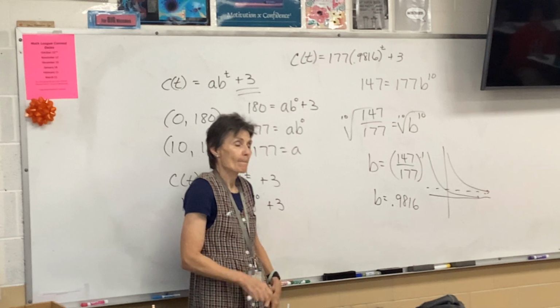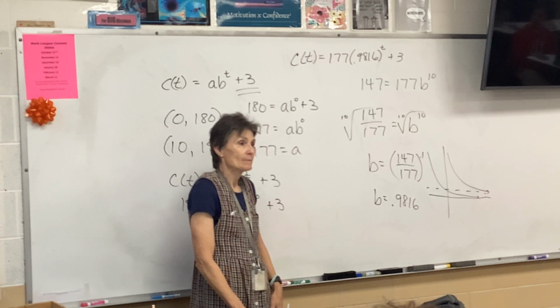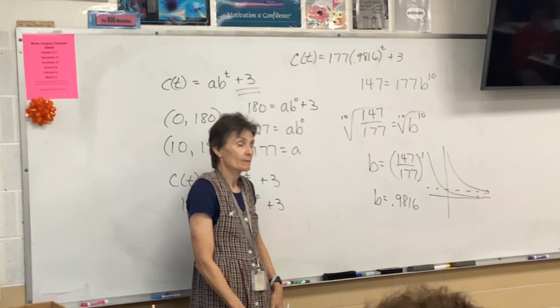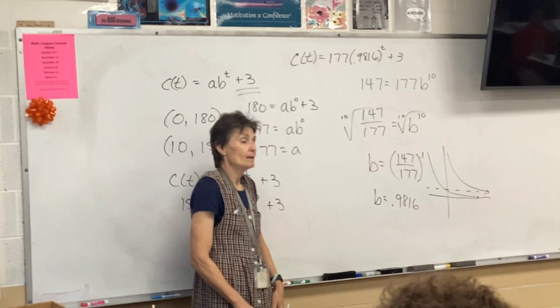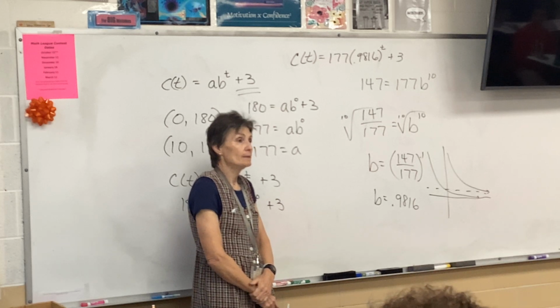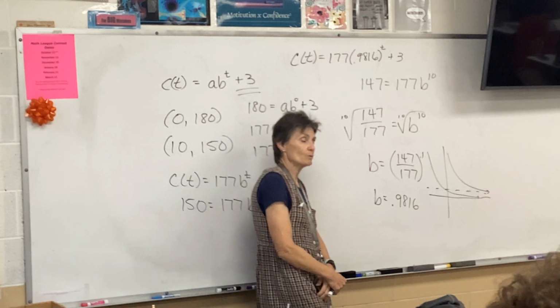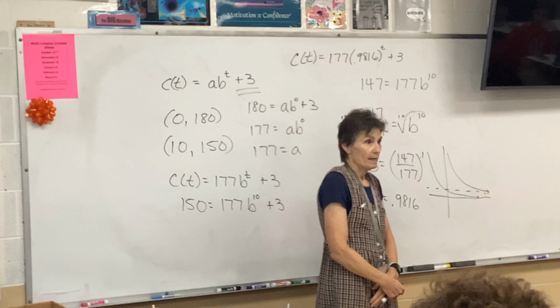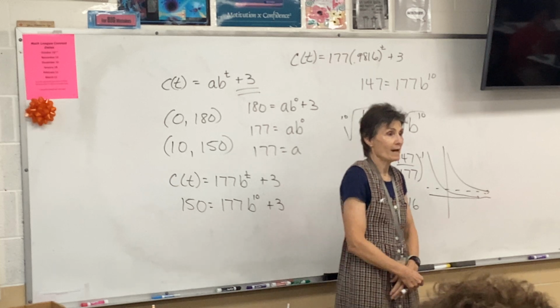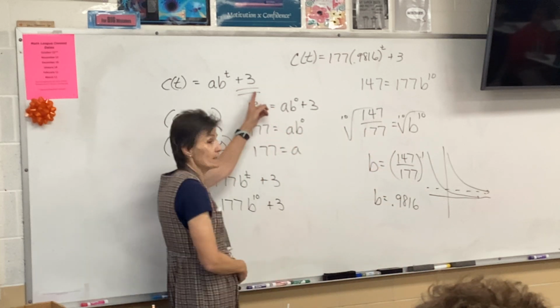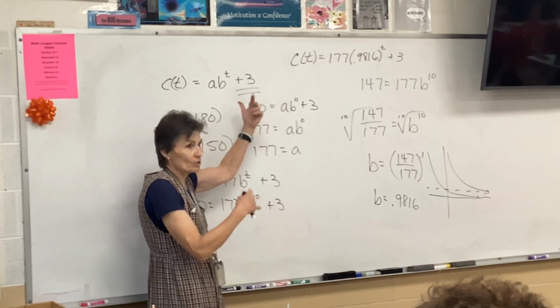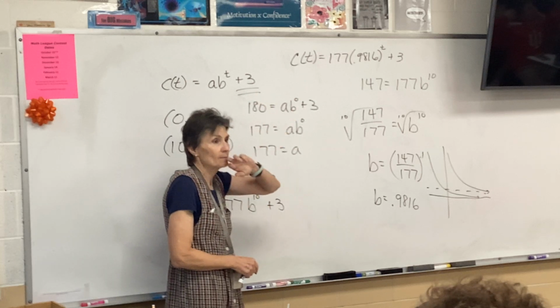So is A not the initial value? Because I thought A was like T of 0, so I thought it would just be 180, but it was 177. Yeah, because you have that plus 3 added on. Okay. Remember, the initial value is the y-intercept. And when you do something to the y's, like adding a 3 onto the end, then that's going to change your y-intercept.